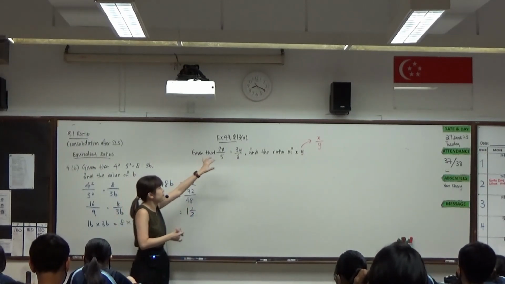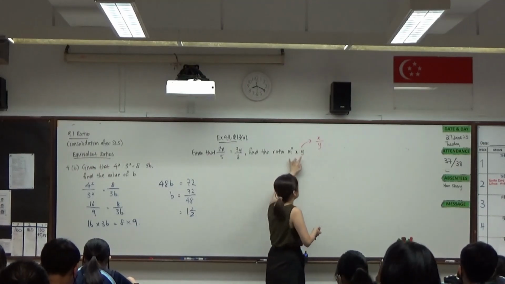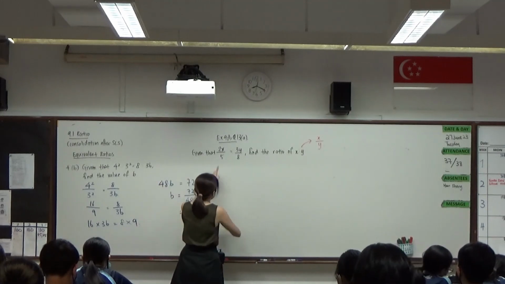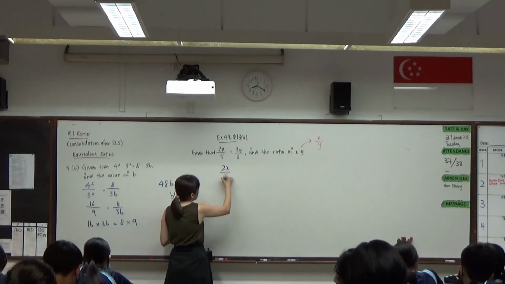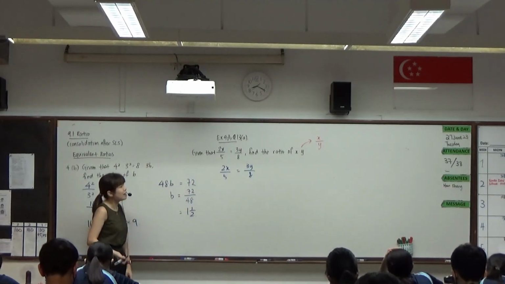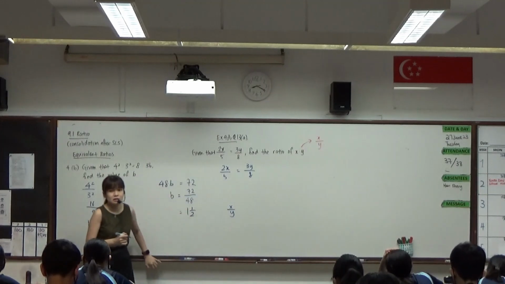So if I'm able to figure out what is x over y, I will then be able to know what is x is to y. Agree? So in this case, given this complicated looking equation here, how do we actually arrive at x over y? That is the main question.